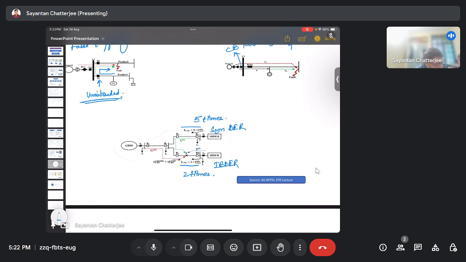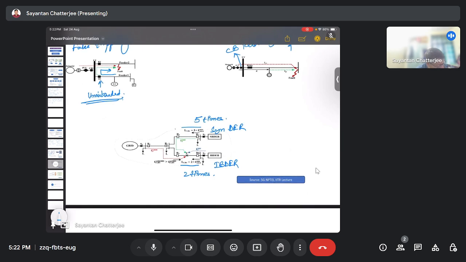For R3, if a fault occurs here and this trips, that would lead to a false tripping.